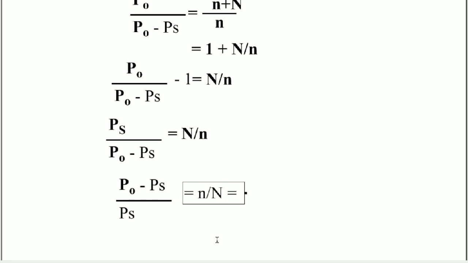That implies we can write WA by MA into MB by WB.